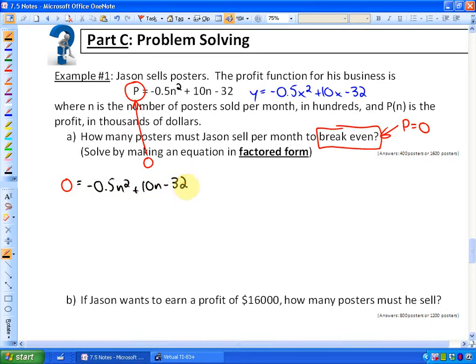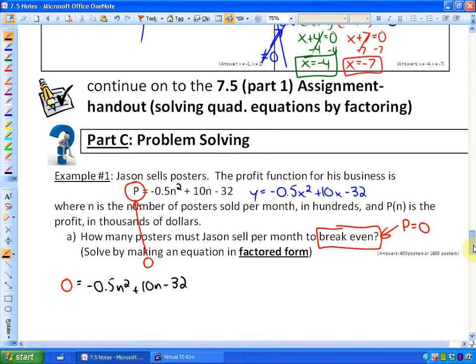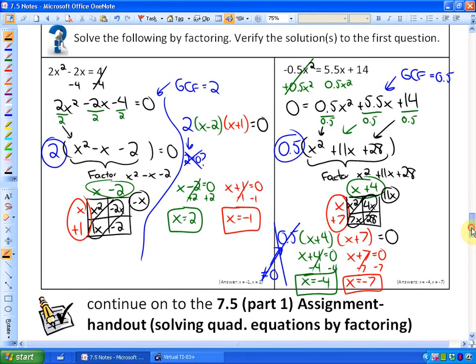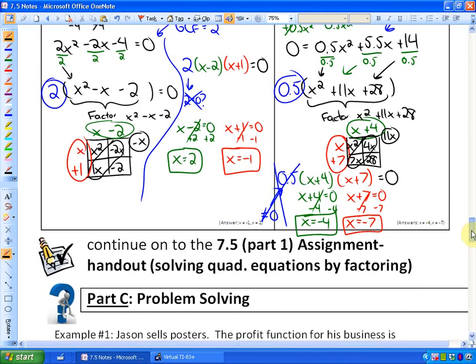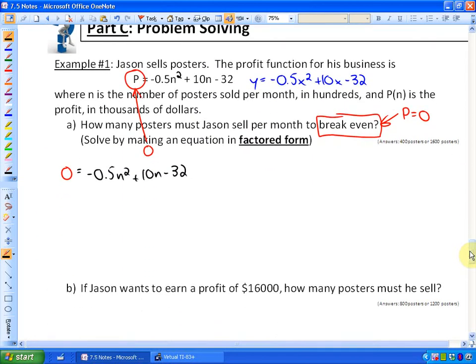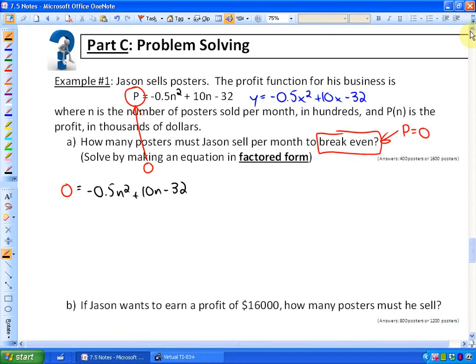And since this first term is not an integer, the first thing you're probably going to want to do is factor out the greatest common factor. This is something similar to method 4 from the previous lesson. So I would treat this like it has a greatest common factor of negative 0.5.